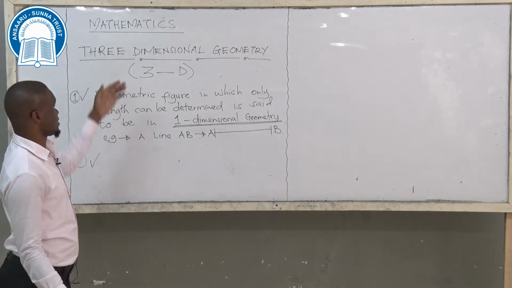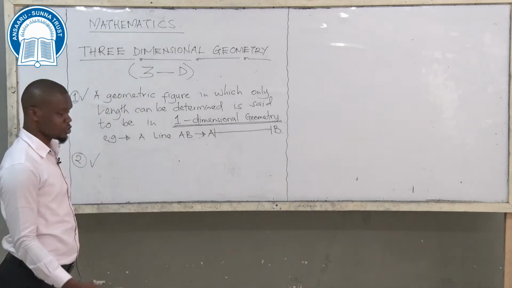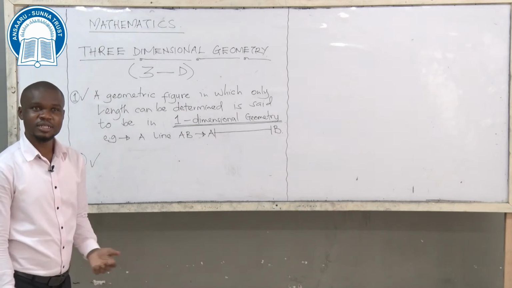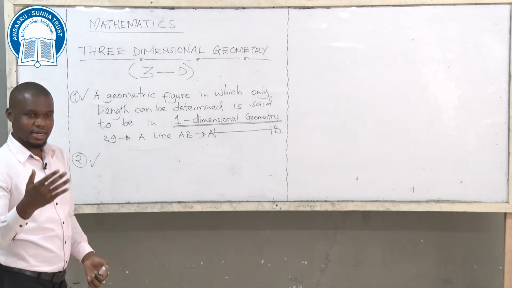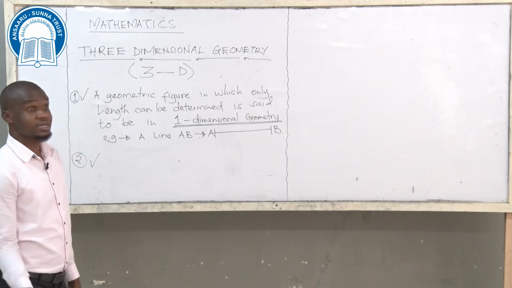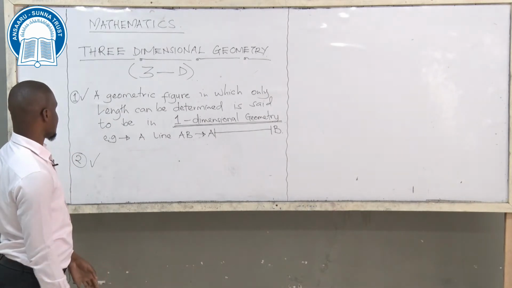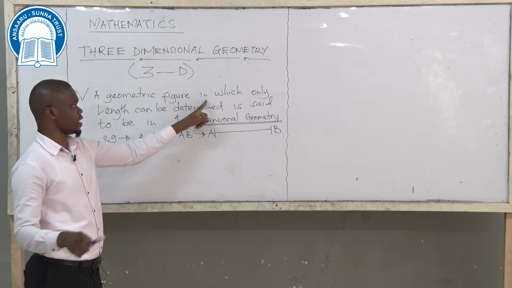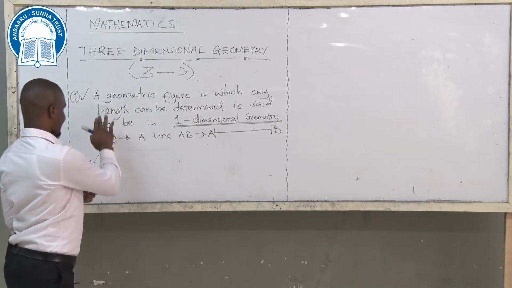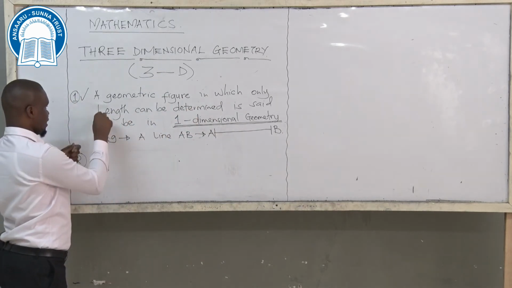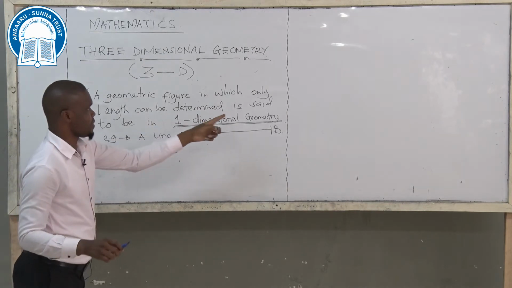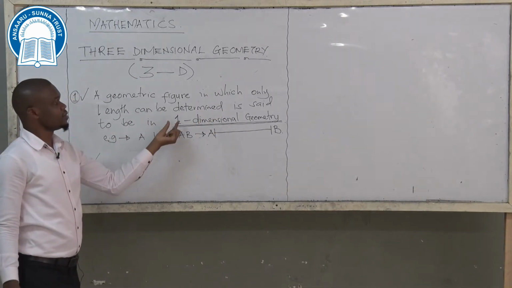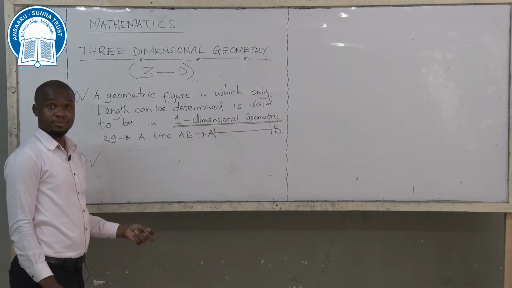So before I discuss this, let's go back and find out what one-dimensional geometry meant and what two-dimensional geometry meant. To start with, any geometric figure in which only length can be determined is said to be in one-dimensional geometry.